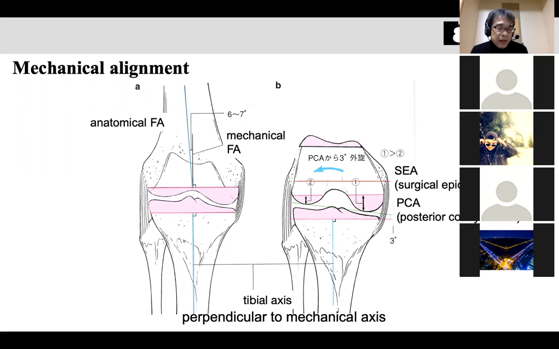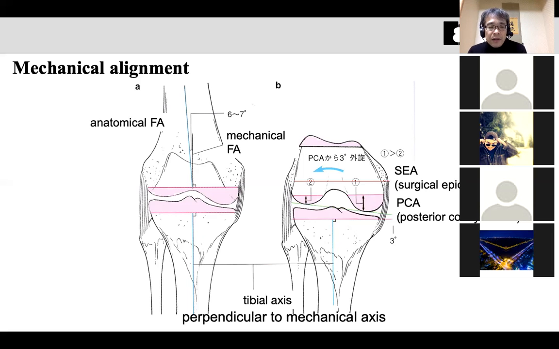This is very important to perform the TKA because the normal bone cut is made perpendicular to the mechanical axis. On the femur side, we cut the distal femur perpendicular to the femoral mechanical axis.